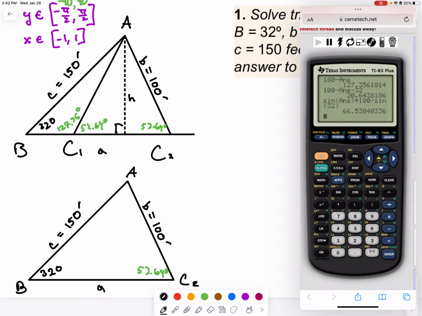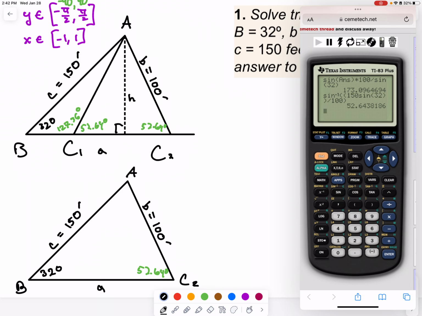So the 52.64. Let's see if I can generate that number again. Okay, 52.64.